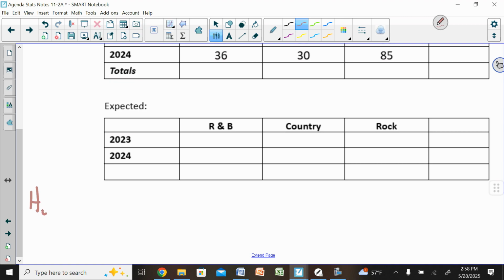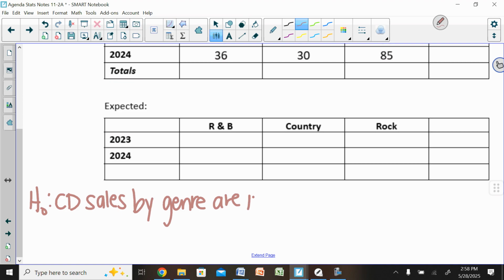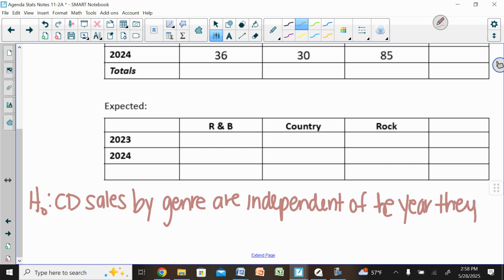So I'm going to say for H sub O, CD sales by genre are independent of the year sold. The year in which the sale occurred, they were sold.